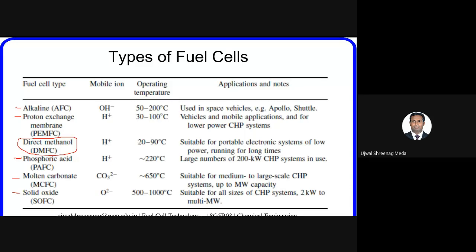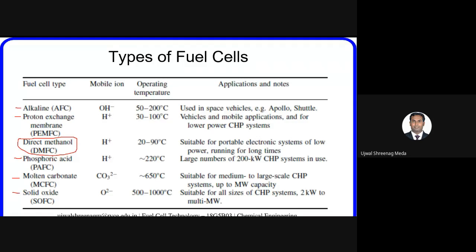So far we have learnt about the conventional H2/O2 fuel cell, where the fuel is hydrogen, and the direct methanol fuel cell, where the fuel is methanol. These two can be categorized under the type of fuel that is used. The other five, AFC, PEMFC, PAFC, MCFC, and SOFC, can be categorized under the type of electrolyte.